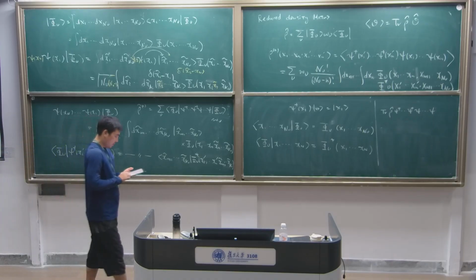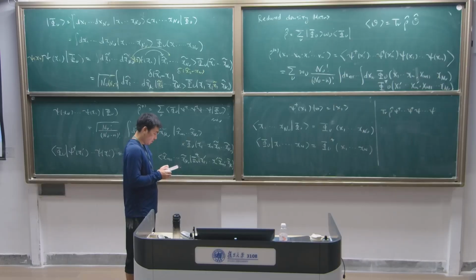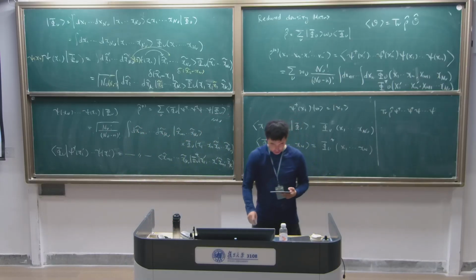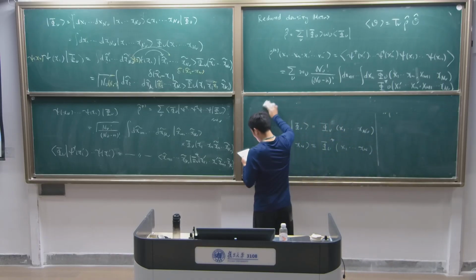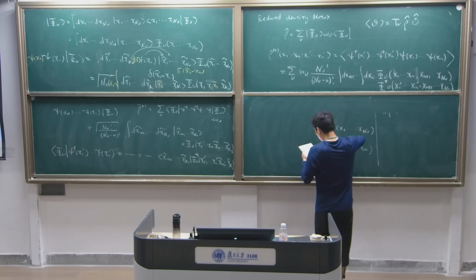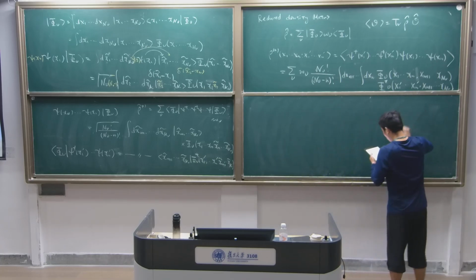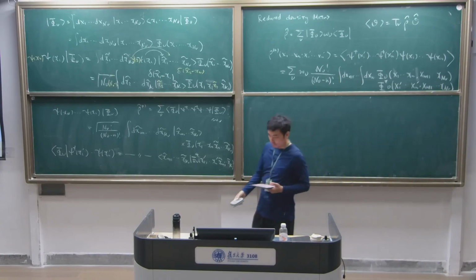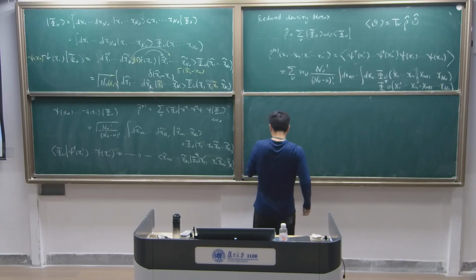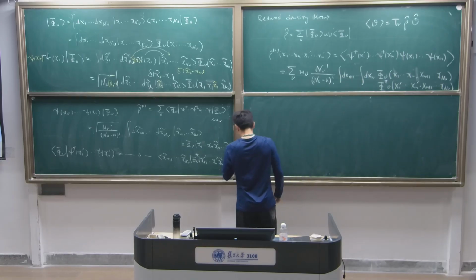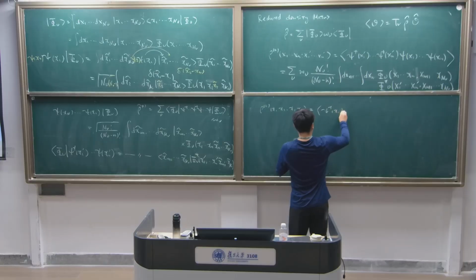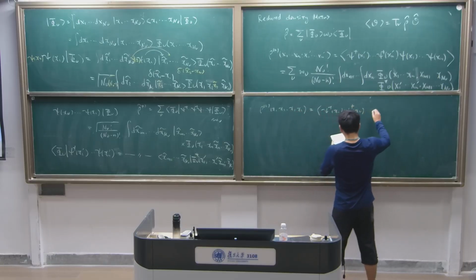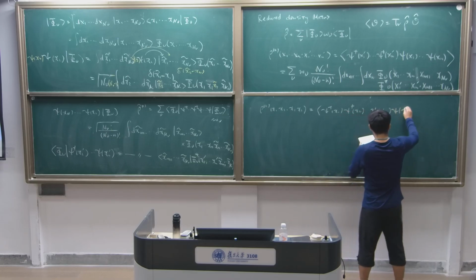In particular, if you apply this to rho 2, x1, x2, x1, x2, and this is the psi dagger of x1, psi dagger of x2, and psi x2, psi x1.